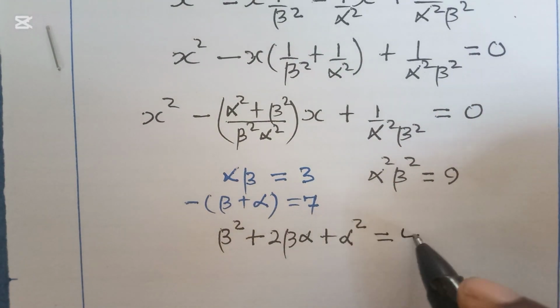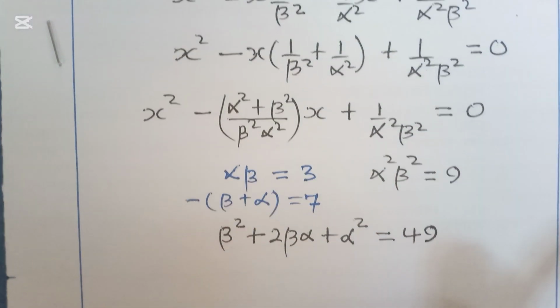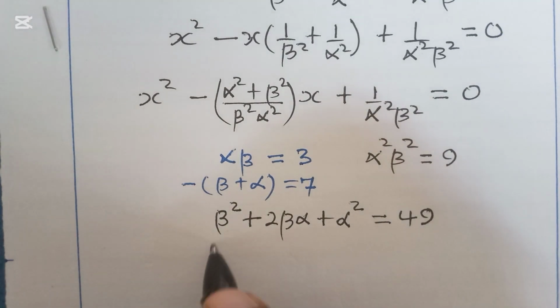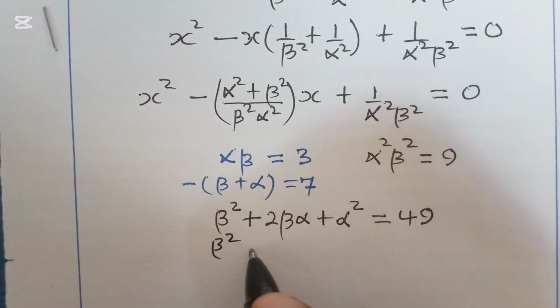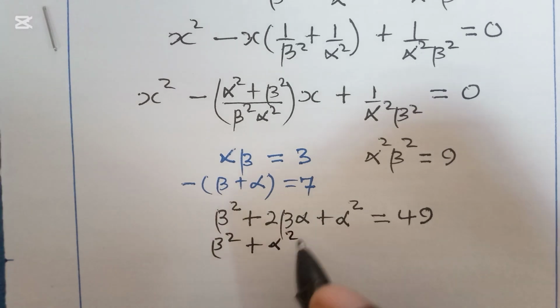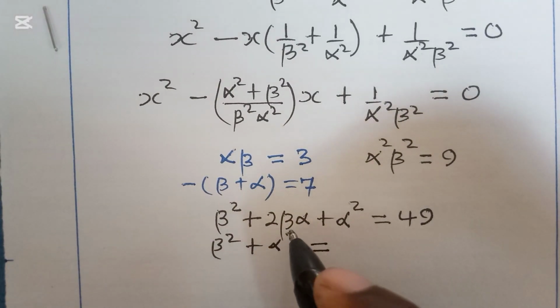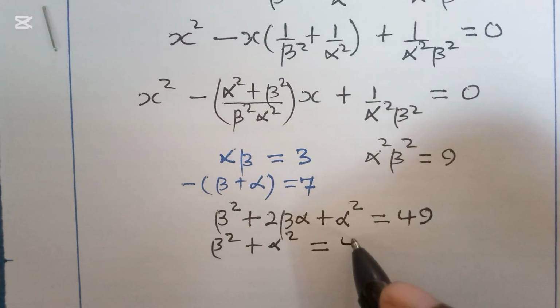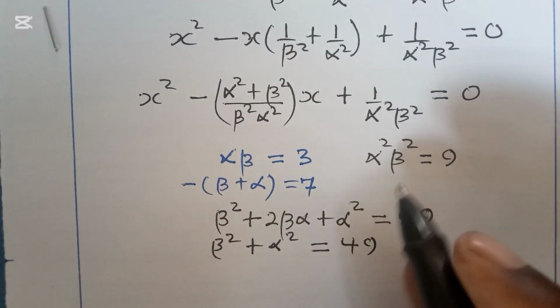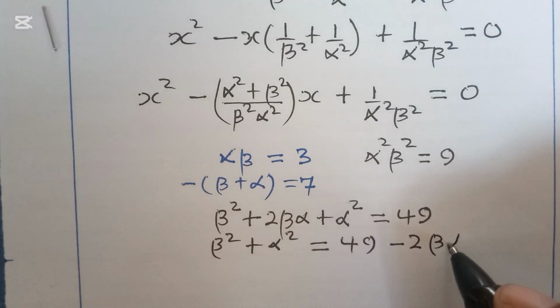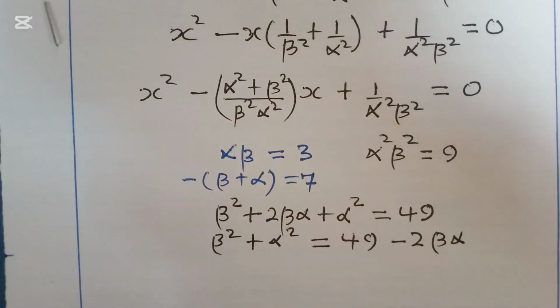This is now equal to 49. So guys, I can leave beta squared plus alpha squared on this side, then I bring the 2 beta alpha to the other side. You have 49 minus 2 beta alpha.